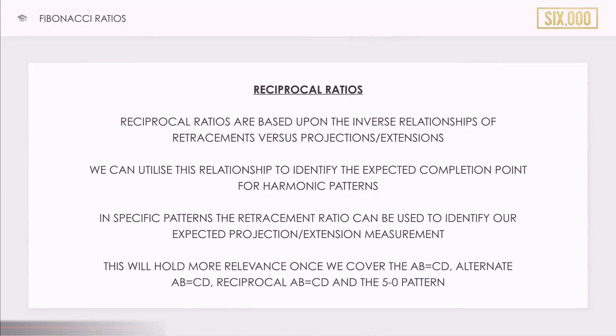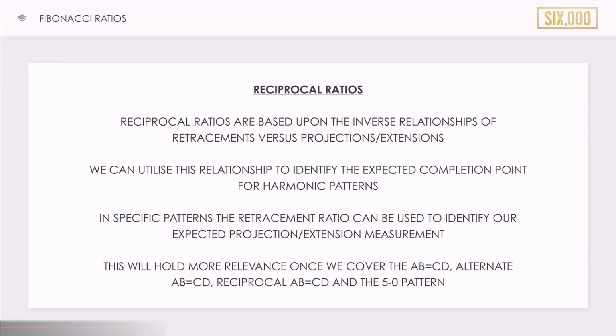This will hold more relevance once we cover the AB equals CD. We can see how everything seems to operate around this AB equals CD. And as you'll learn in the next module, the Method in the Madness Part 2, we break down the ABCD from a structural sense. But once we get into peculiar patterns, you'll actually be able to apply this pattern in market situations using reciprocal ratios.